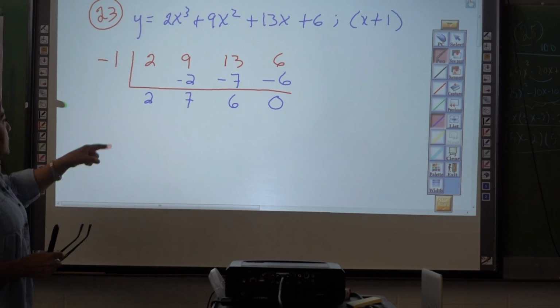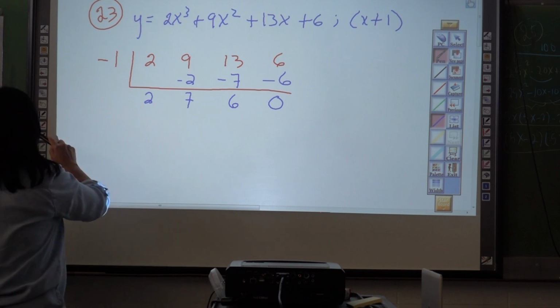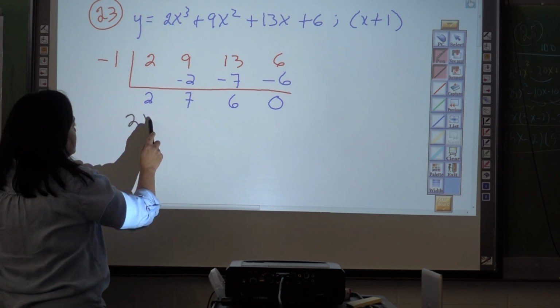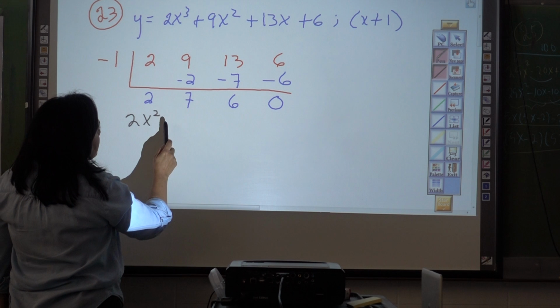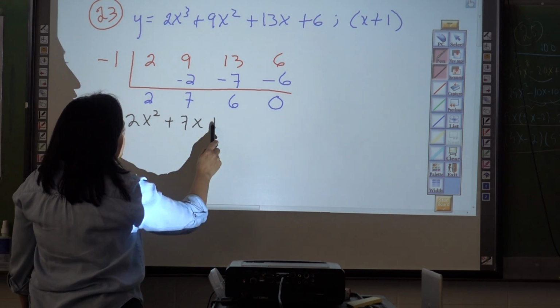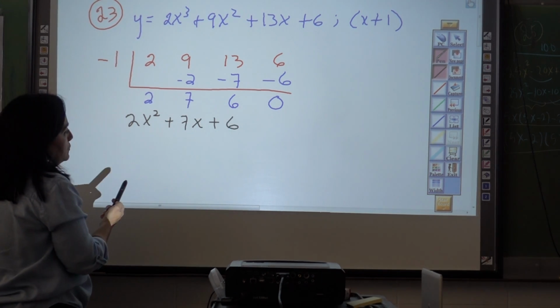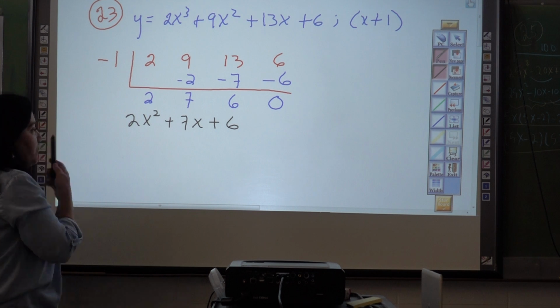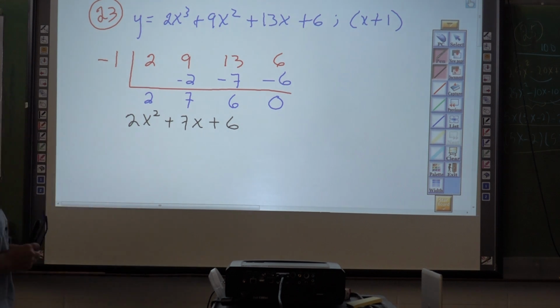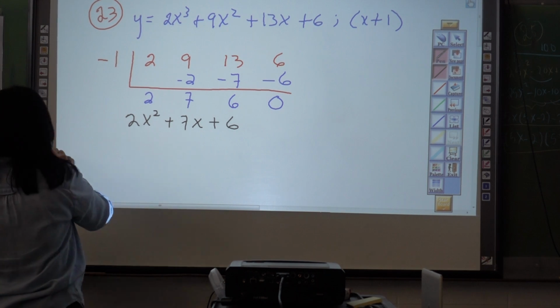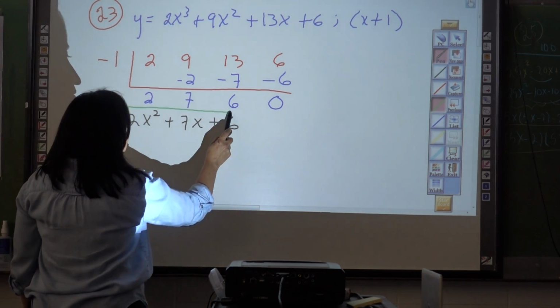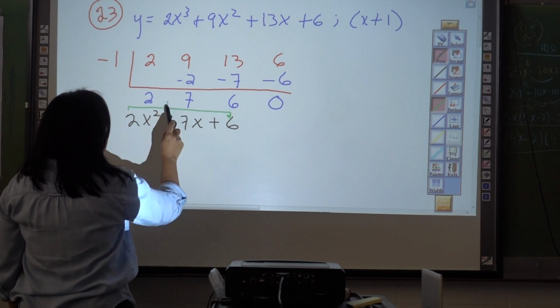Now from here, this is the quotient, and this is 2x squared, right? You bring down the 1, plus 7x plus 6. That's the other factor. Now let's try to factor this one by using the criteria that when you multiply this times this, it is positive 12.